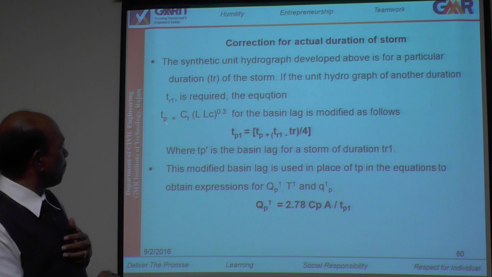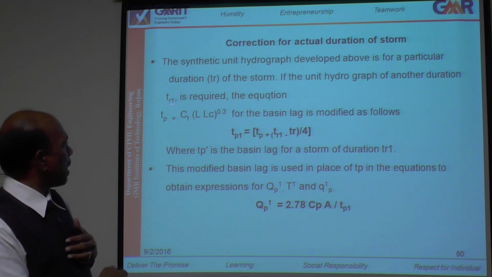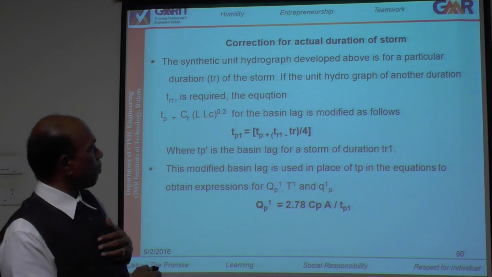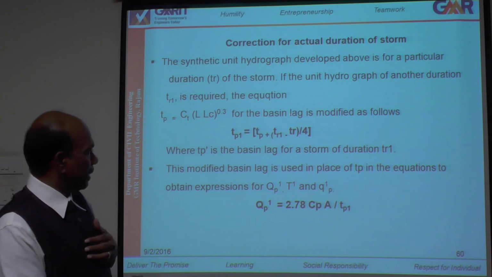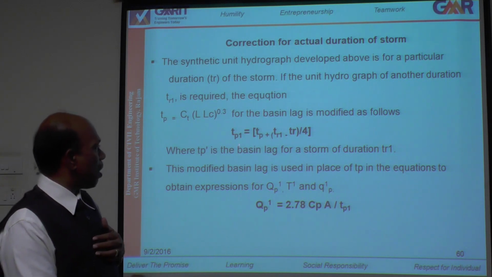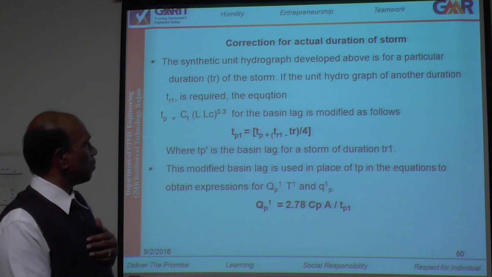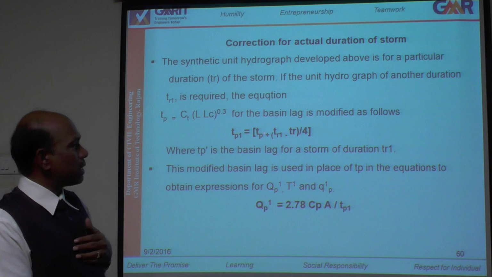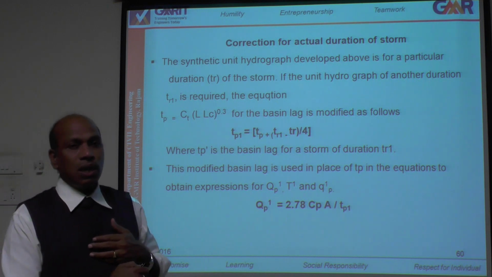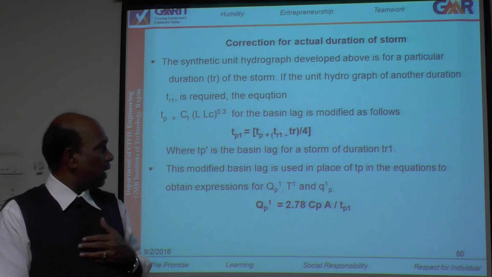How can you apply correction? You know the formula for the determination of basin lag. This is the standard formula I have already given. This can be modified like this. Here Tp dash, the modified basin lag, is equal to Tp, that is the basin lag we already calculated from the given data, plus (Tr dash minus Tr) divided by 4.